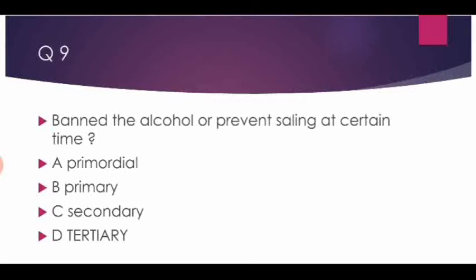For example, preventing the sale of alcohol at a certain time comes under primordial prevention, and carrying out a public health campaign about drinking would come under primary level of prevention. So now your doubt is clear.